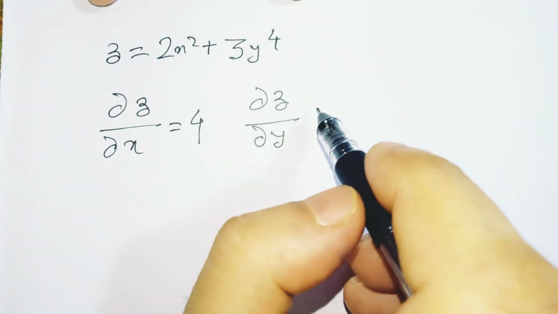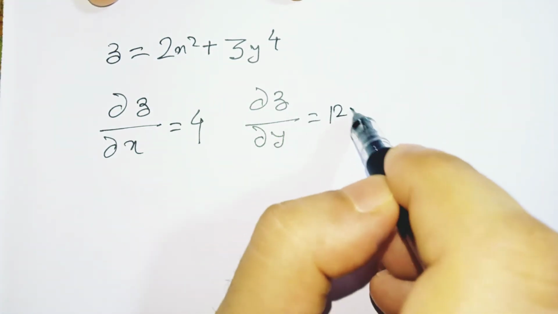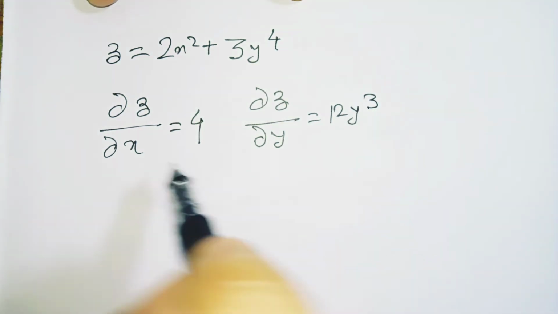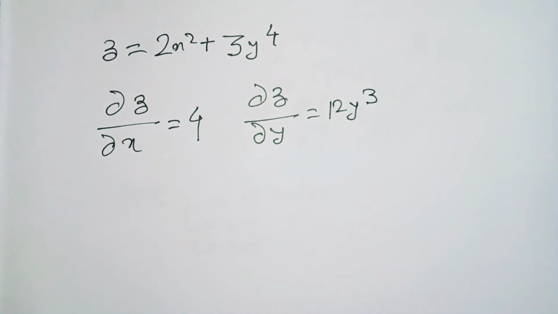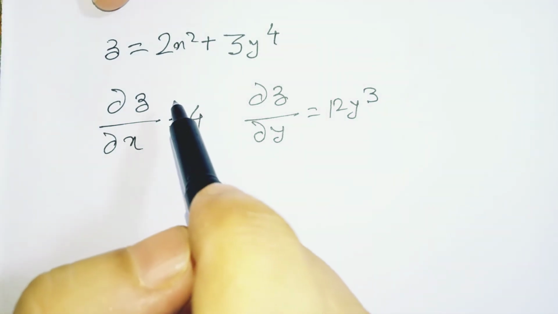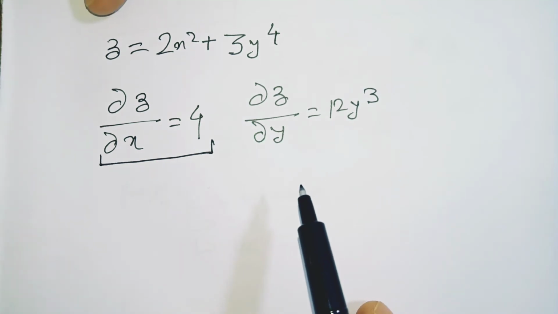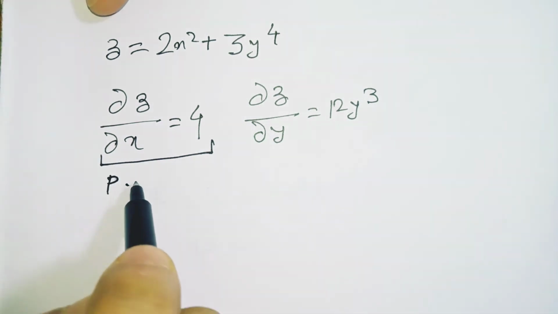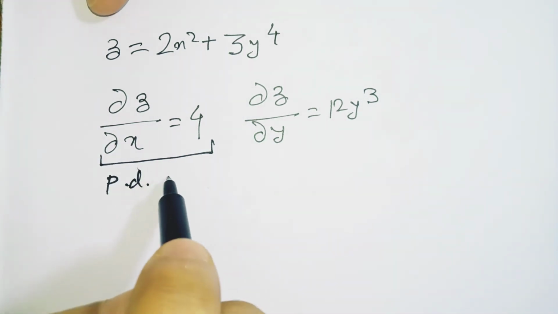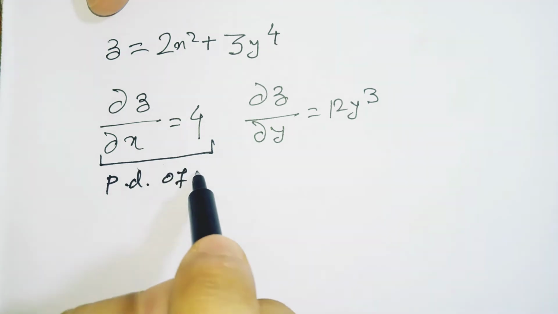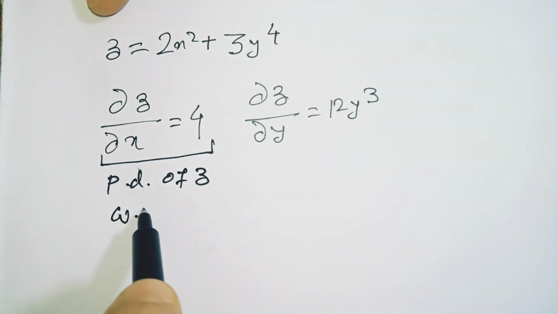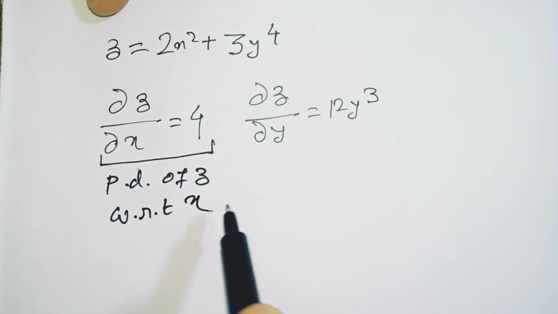equals 12y cubed, right? I will circle it with a different color. In this part, I've taken the partial derivative of z with respect to x, right?